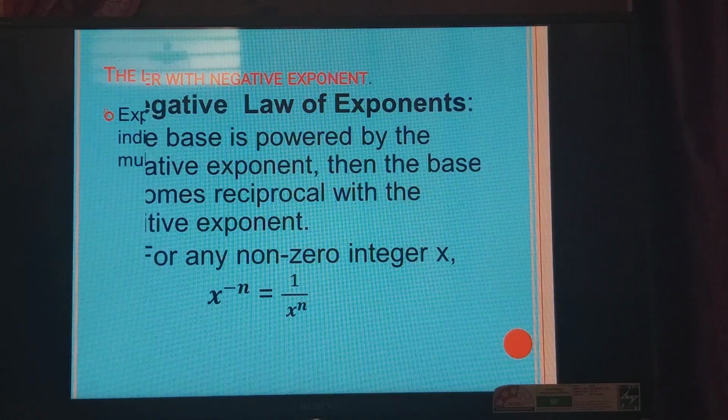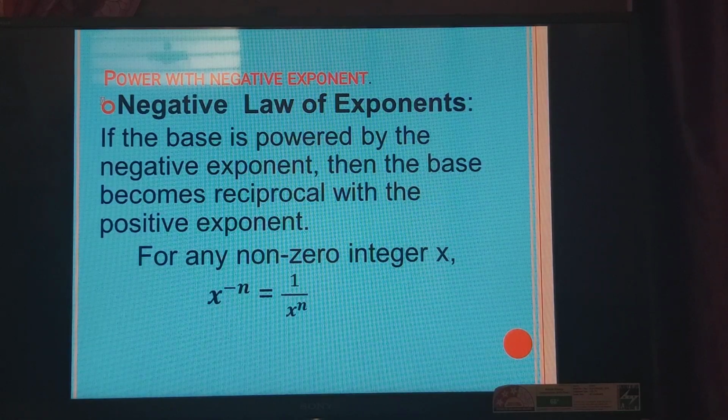Now we have another very important thing, the negative law of exponent. This is very useful. If the base is powered by a negative exponent, then the base becomes reciprocal with the positive exponent. For any non-zero integer x, x raised to negative n is equal to 1 upon x raised to n.